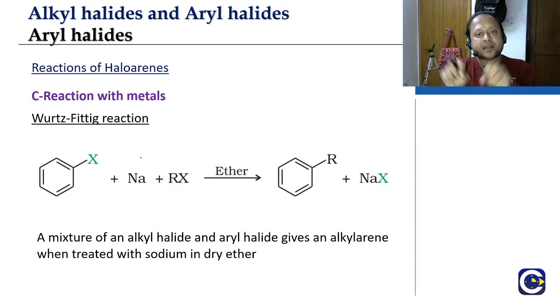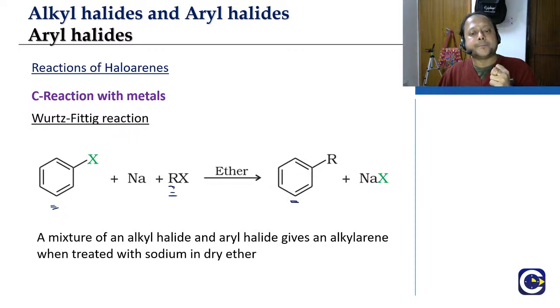So sodium will extract the X, and the two phenyl rings will combine with each other. That is your Fittig reaction. So when you have this haloaromatic group with RX, what happens? They will interact with each other and form this combined compound.